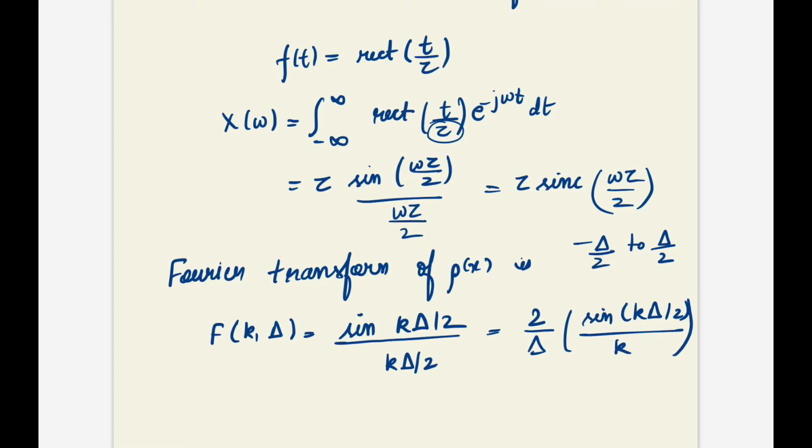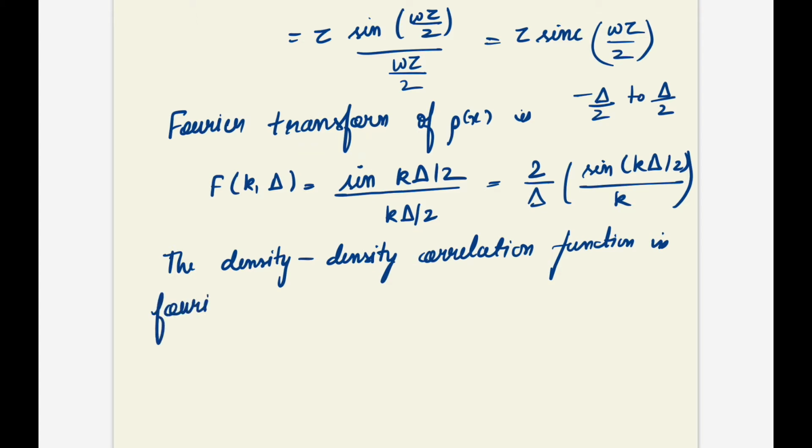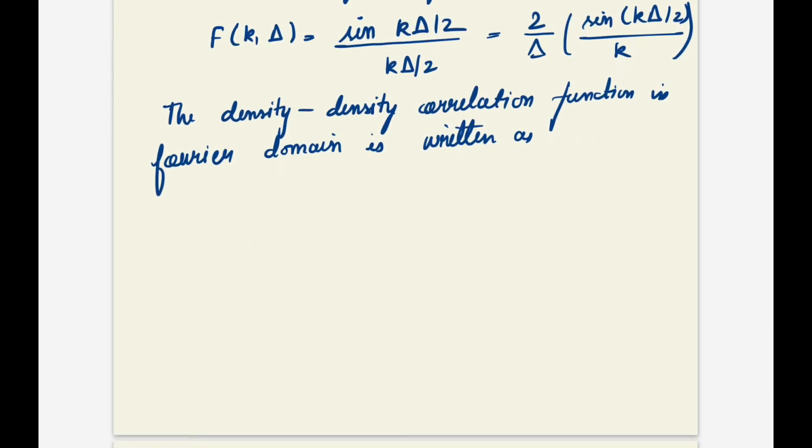Now we define the density correlation function in the Fourier domain, written as S of k delta equals F of k delta times F asterisk of k delta.